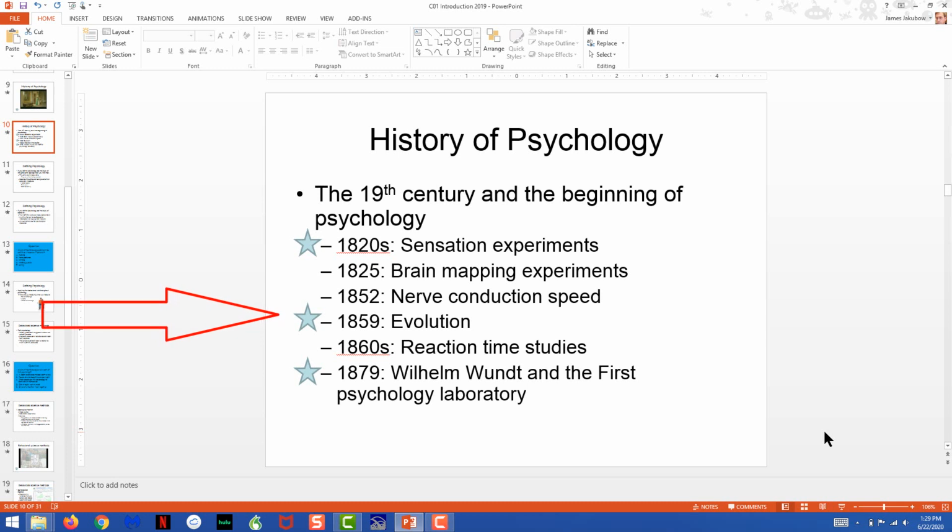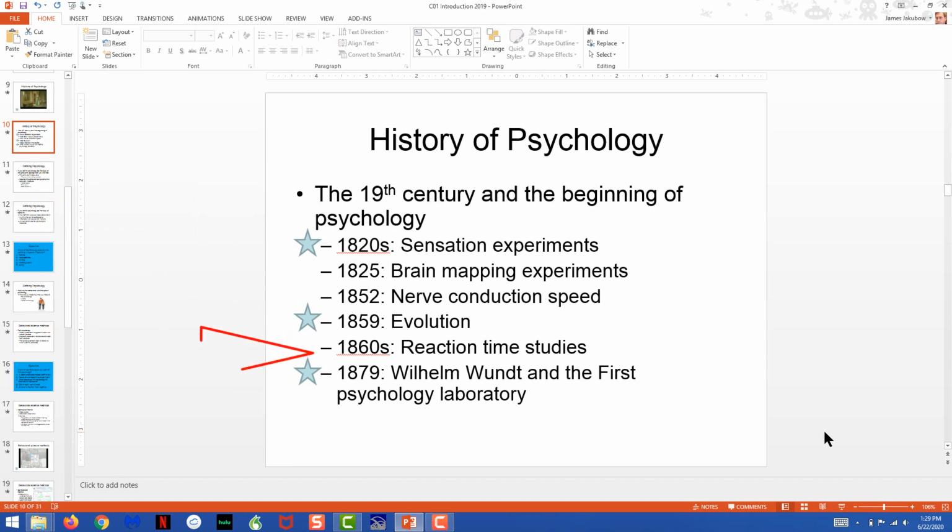And so as a result, you wind up seeing a lot of similarity between creatures that you might have missed had you not actually been specifically looking for commonalities in brain structure given the theory of evolution.